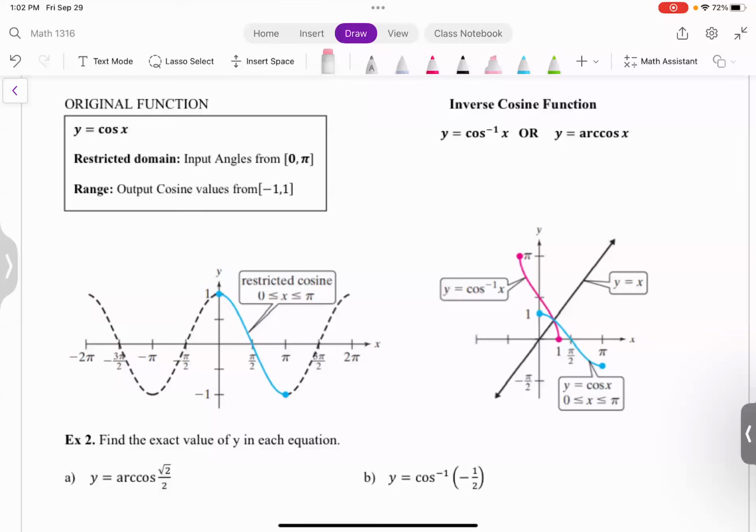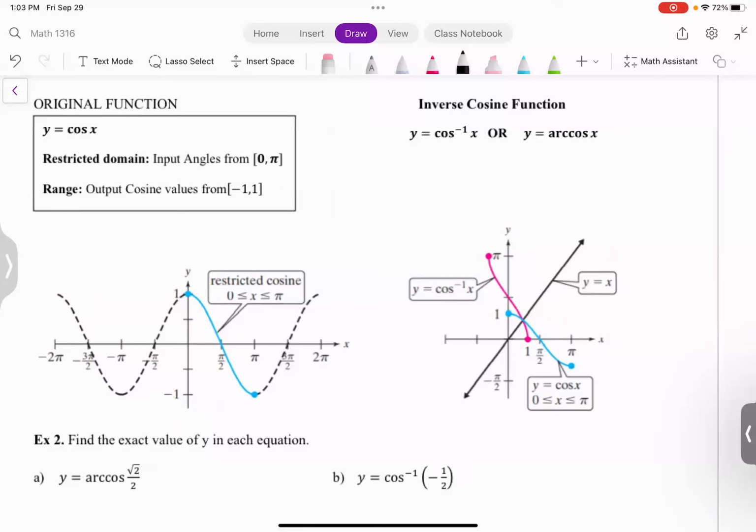So if cosine has the inverse function, the angle's value is between 0 and pi. And the output value is between -1 and 1, because the cosine cannot have a value greater than 1 or less than -1. Okay, let's see.